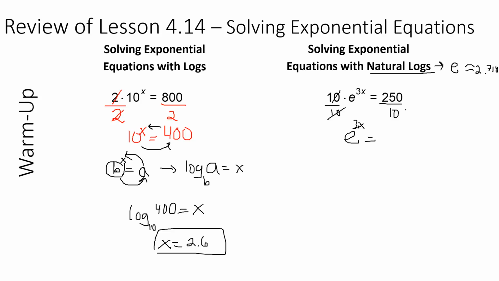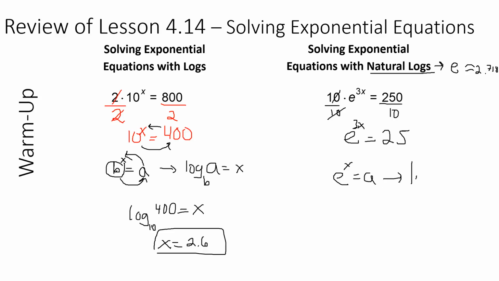Now, what you have learned is that whenever you have a base of e, you no longer use log. Now you're going to use natural log. Just a side note, e to the x power equal to a will be converted into a natural log.